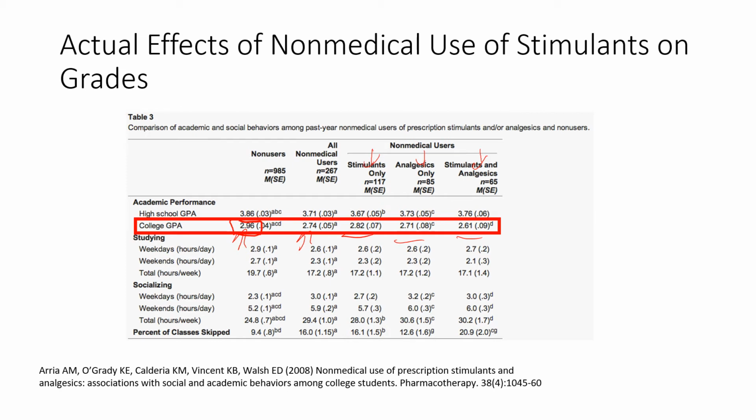I'm not saying don't do drugs. I'm not going to be the person who gets up here and says don't do drugs. I'm going to say that if you're using stimulants like Adderall to increase focus, to increase studying, to increase your grades, unless you've actually got ADHD, it's not actually doing that.